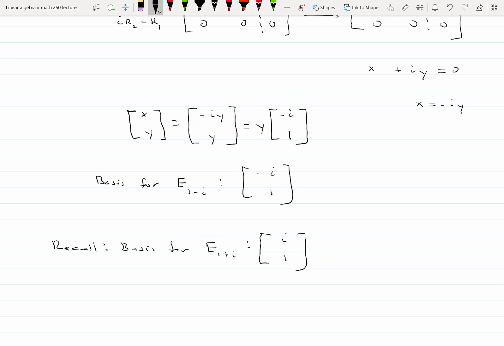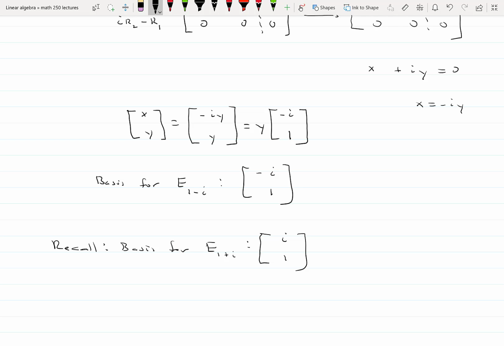Now notice that the basis for the conjugate is just the conjugate of the basis for the original 1 plus i. So the basis for 1 plus i had i and 1. The basis for the conjugate was just the conjugate of the original basis for E sub 1 plus i.